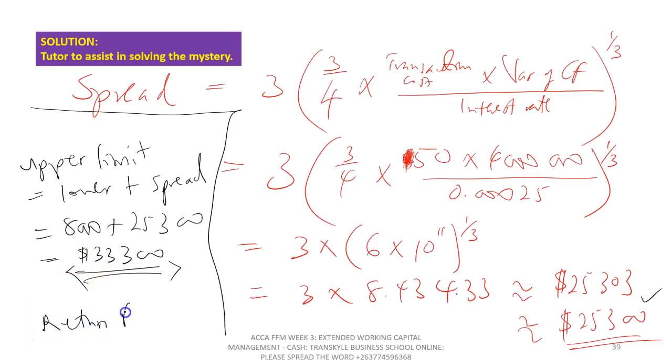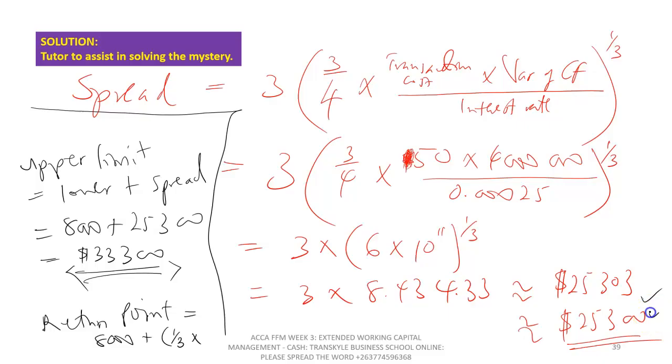We said it is given by lower limit, which was 8,000, plus 1/3 multiplied by spread.